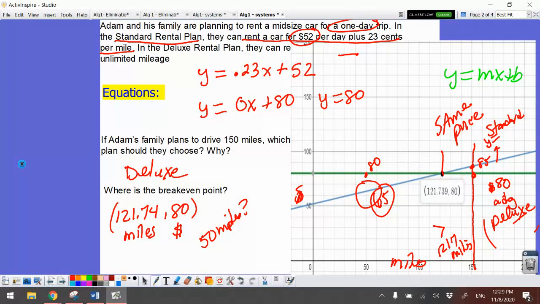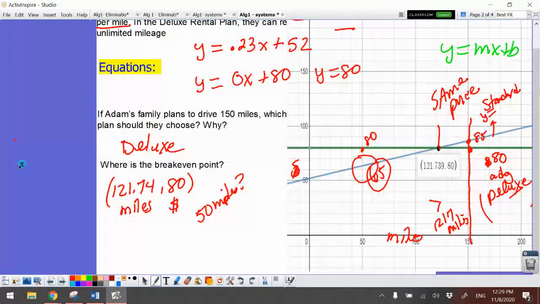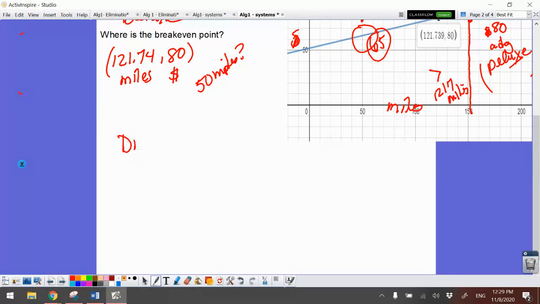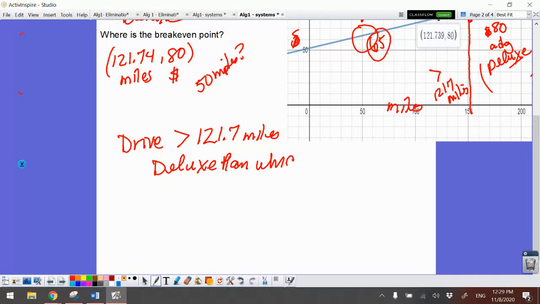So if I wanted to write a statement that would explain this, I could say something like, if I'm going to drive greater than 121.7 miles, then I would want to use the deluxe plan, which would be $80.